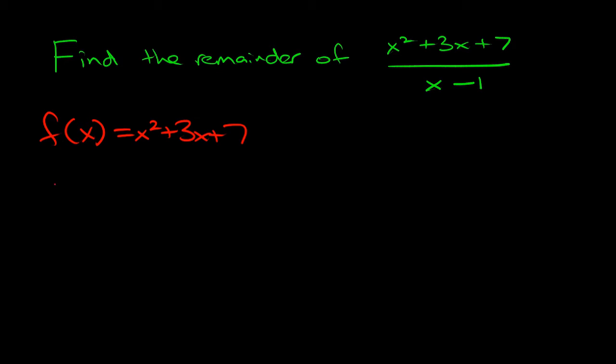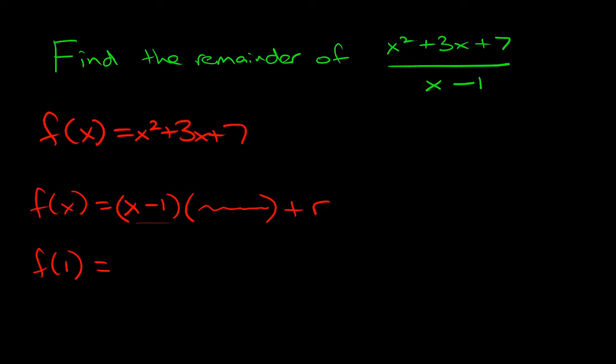Now, looking at the remainder theorem, we know that f of x is equal to x minus 1 times some stuff we really don't care about, plus some remainder. Now, if we plug in 1, x minus 1 will become 0. So, f of 1 is equal to r.